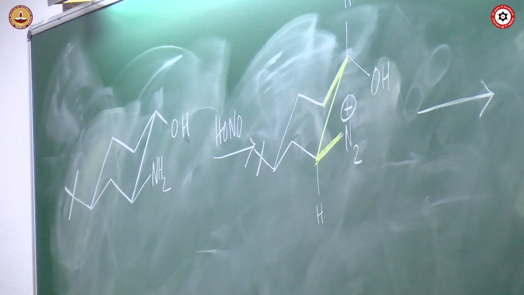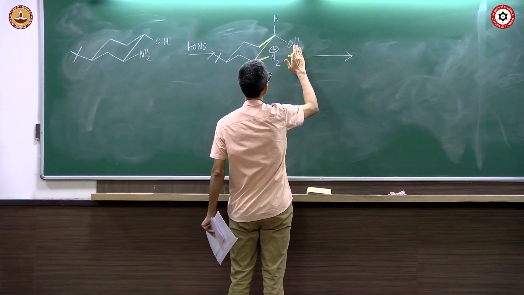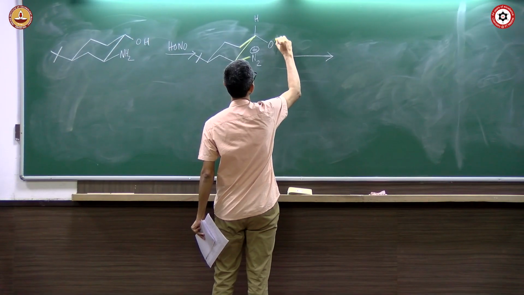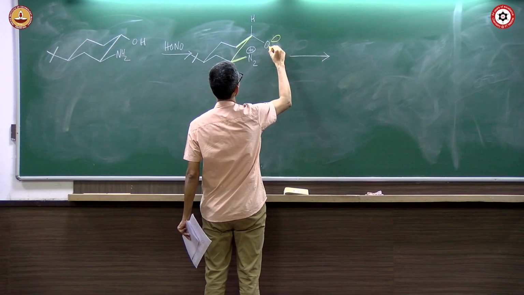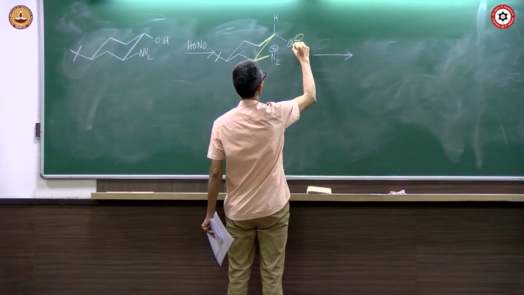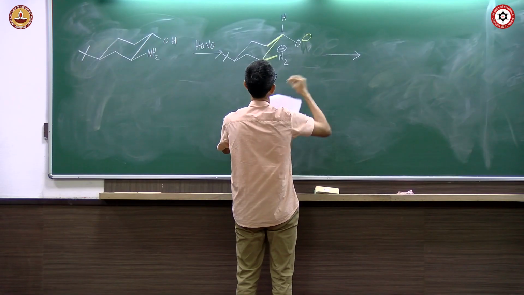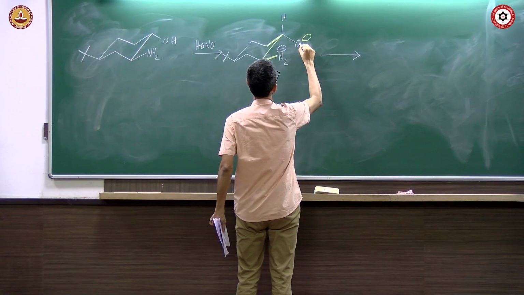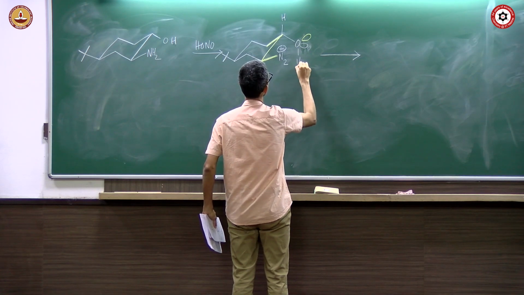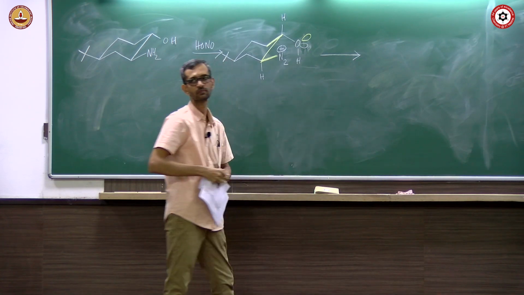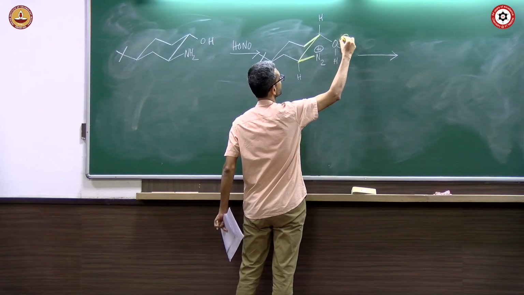Right? Now, what is the role of oxygen? Need to draw another lone pair. Okay. So now you also see a lone pair that is anti-periplanar to this.